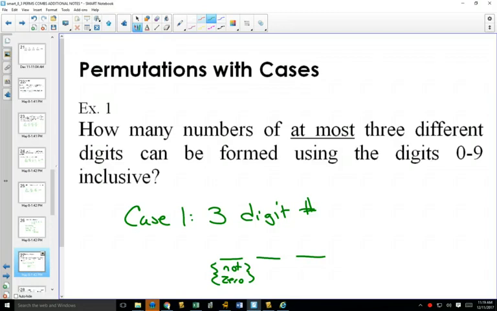So how many choices do we have? We have 9 choices because we have to take 0 out. And then you can put 0 back in, and you have 9 choices again. And then finally, 8 choices in the end. So there's 648 ways using the digits 0 through 9 that are all different.